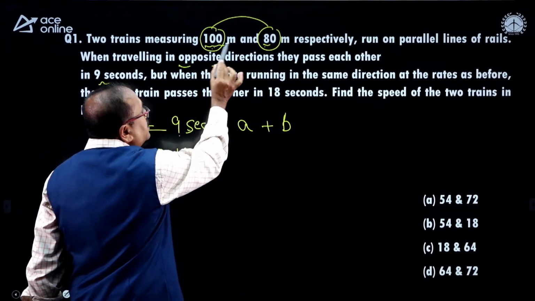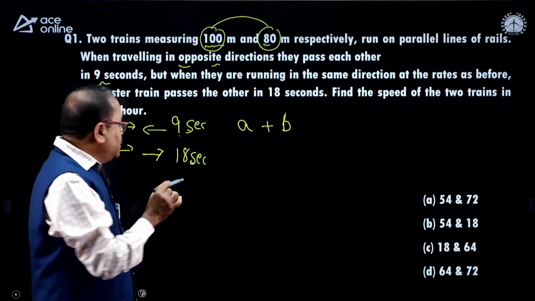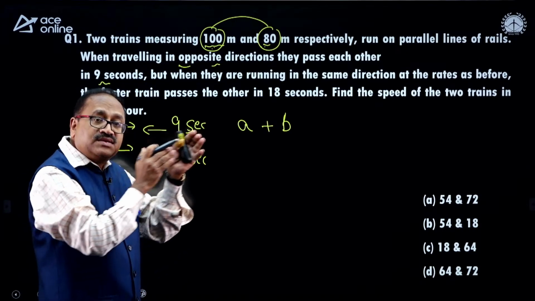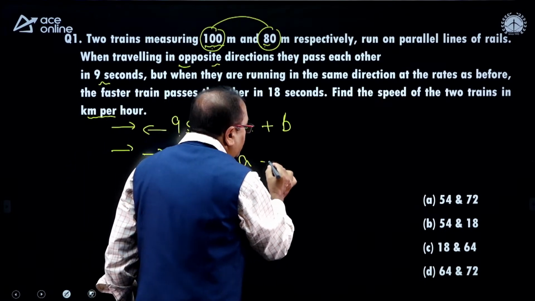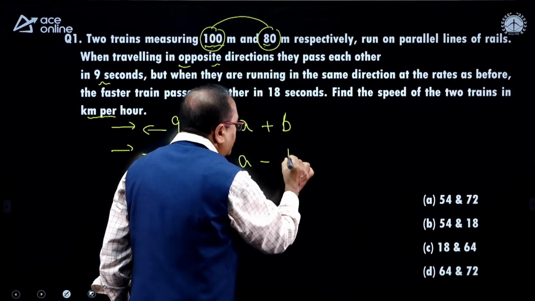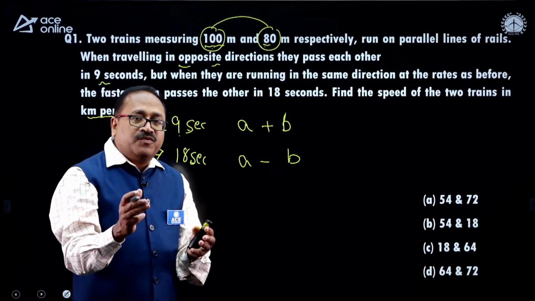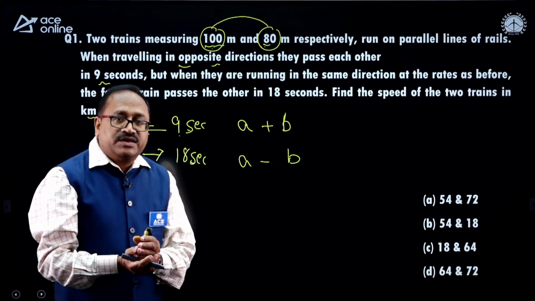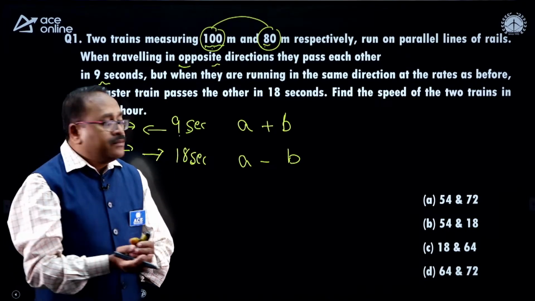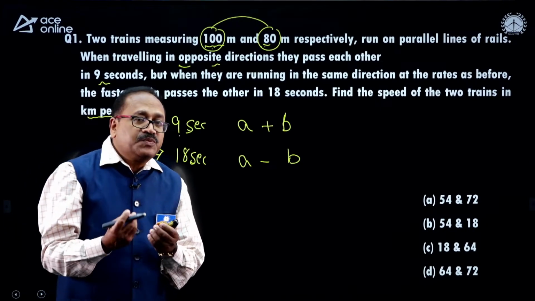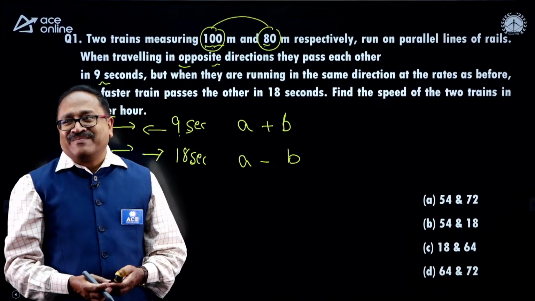The relative speed is the distance by time, and in this case as they are moving in the same direction, the relative speed will be in the form of A minus B. So when you get A plus B, where A is the speed of one train and B is the speed of the other, and you also get the speed A minus B, by solving the equations you get the value of A and also the value of B.